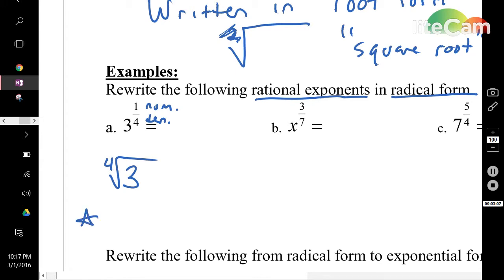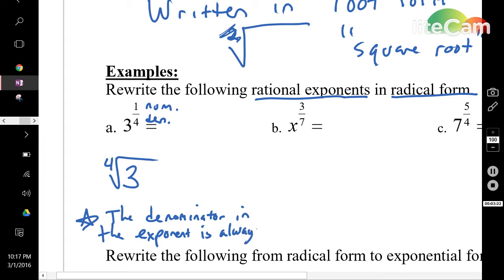So, little statement here. The denominator in the exponent is always the index of the radical.